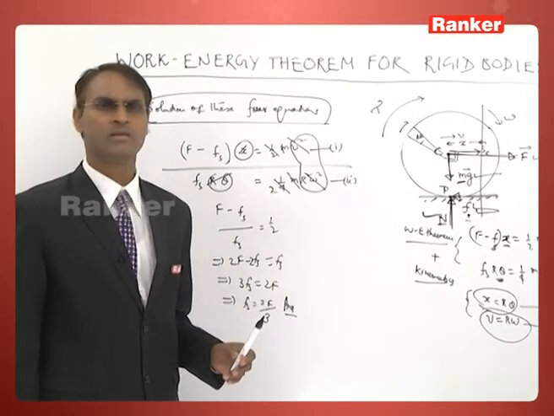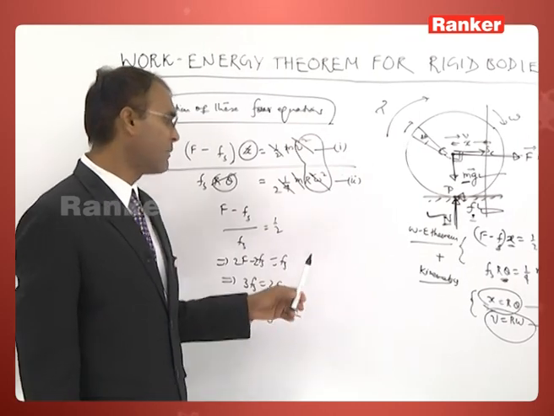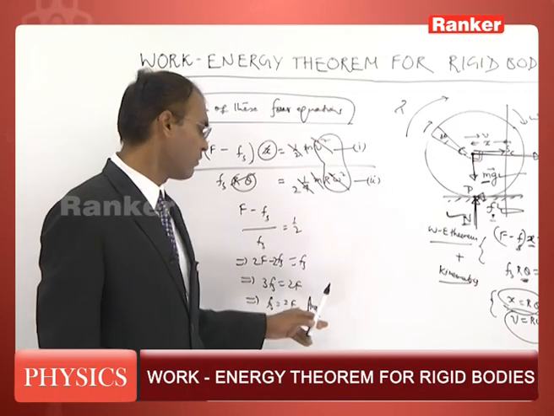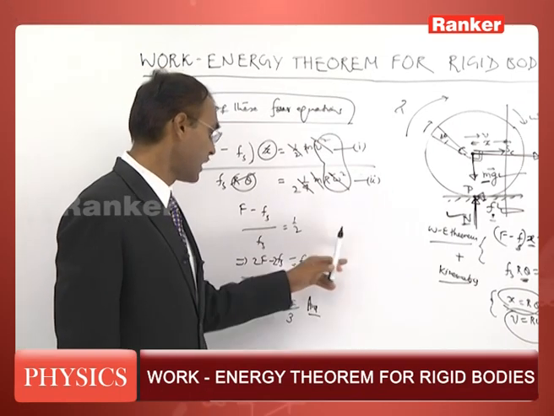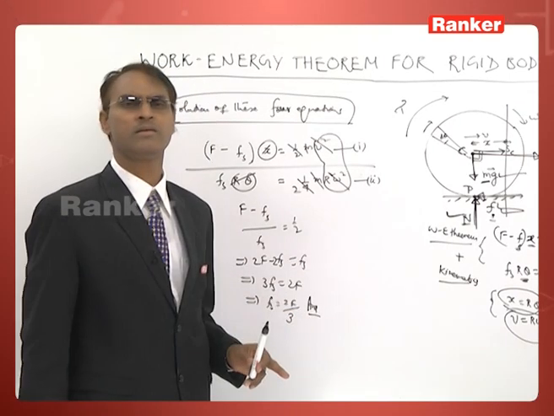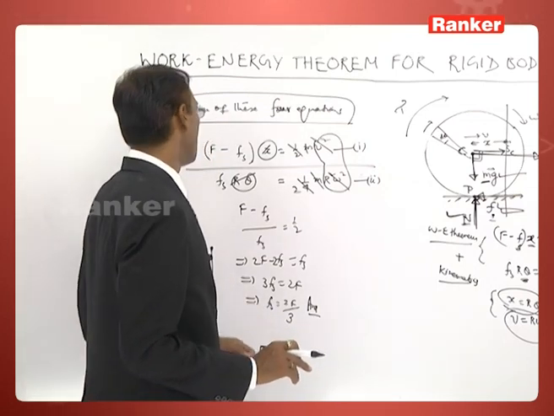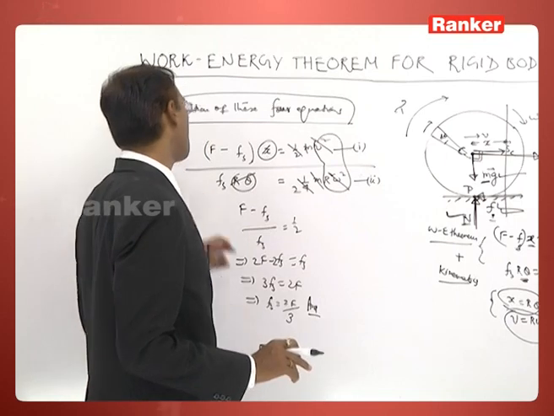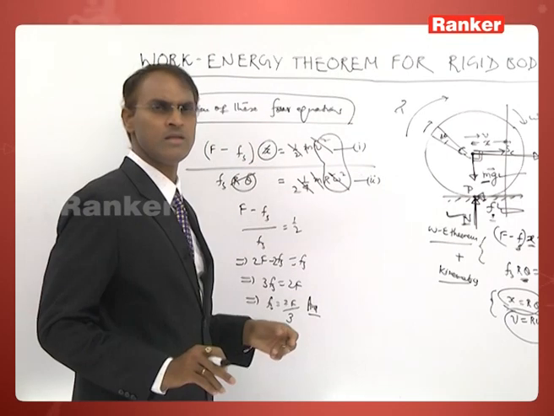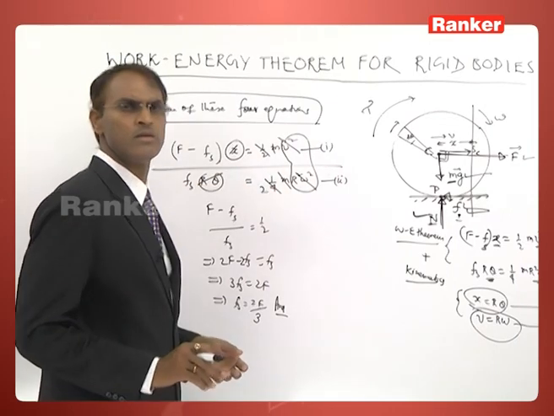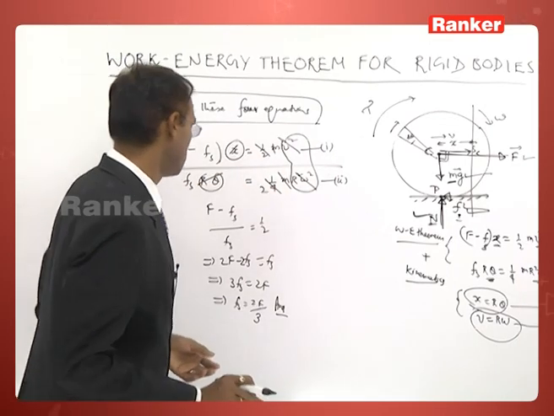This is another method. By dynamics also you can calculate the same thing. I will now show you that by dynamics you can get the same answer. Once you get this value of static force of friction, the other things you can get one after the other.